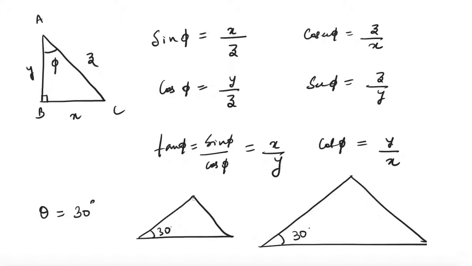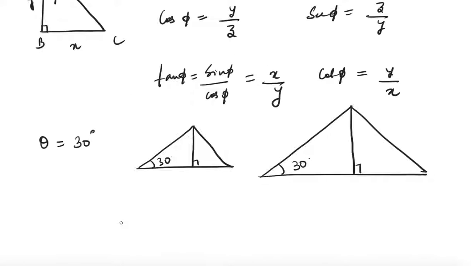And now I know that I can divide this into two right angle triangles. Similarly, this can be divided into two right angle triangles. What I want to say is that, say this is h, say this length is x, say this is h dash, and say this length is y.